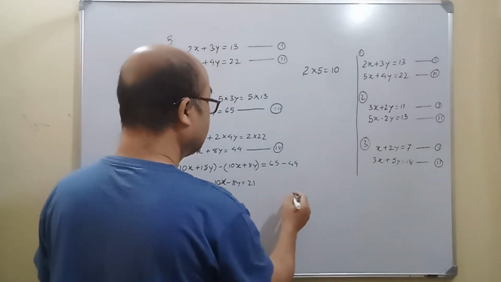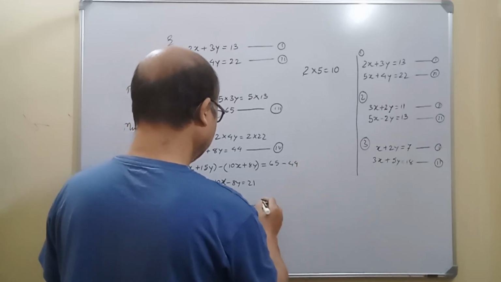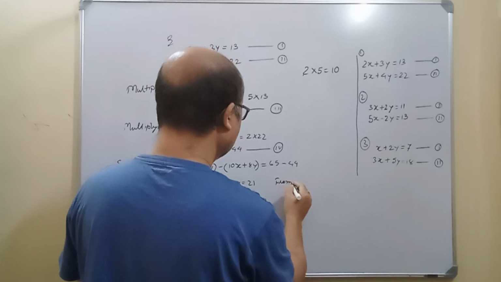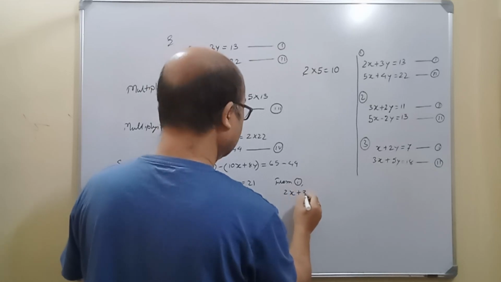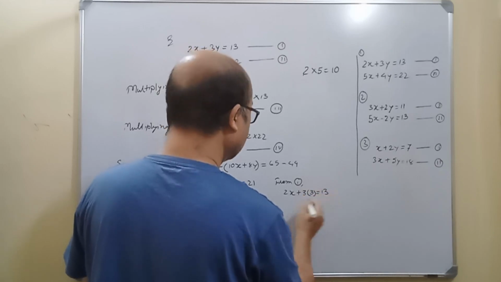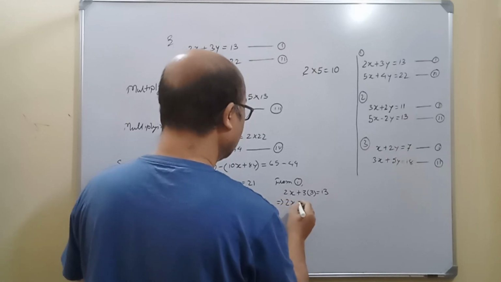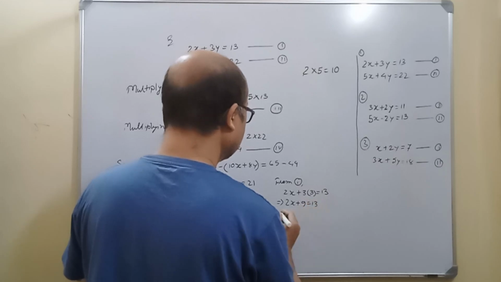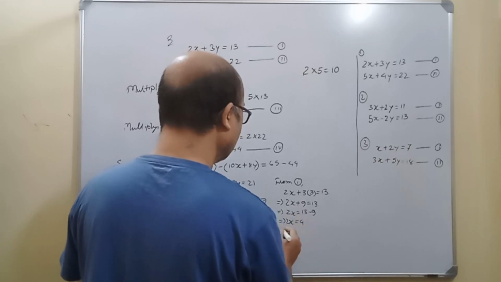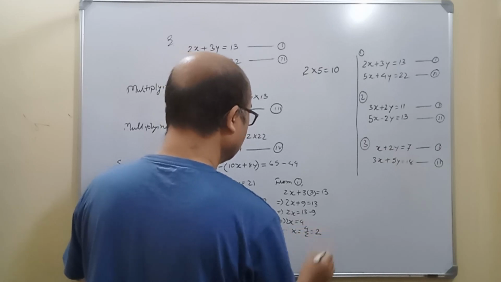Suppose I will substitute y in 1, hence from 1, 2x plus 3y, y is 3, is 13, which implies 2x plus 9 is 13, which means 2x is 13 minus 9, so 2x is 4, which means hence x equal to 4 by 2, which is equal to 2.